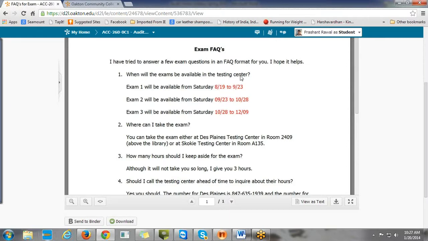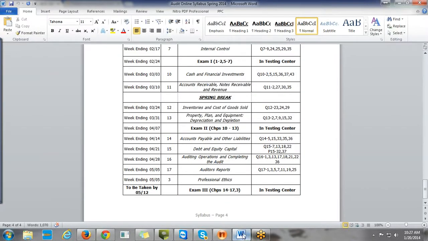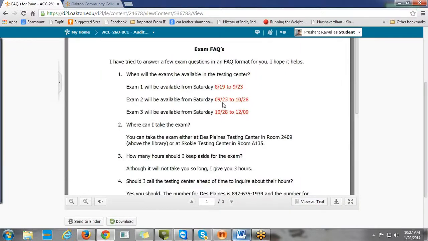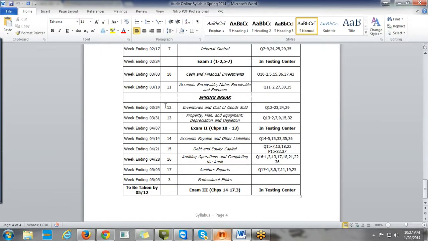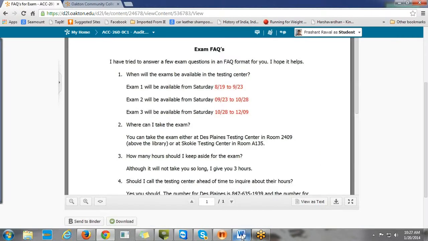When will the exams be available in the testing center? From today, which is January 20 to 24. First exam. Okay. Exam 2 will be available from January 20 to April 7th. I have made all the exams available from today itself.